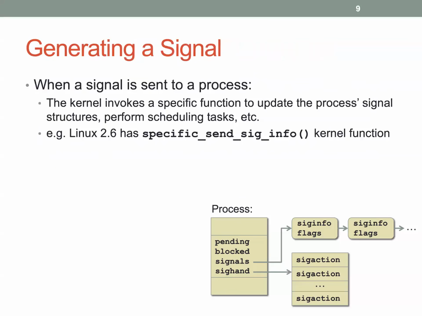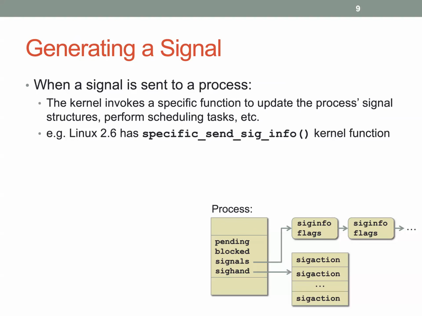So when you send the signal to a process, the kernel has, because the software developers try to follow good encapsulation and everything, a function that's called to update the data structures for the receiving process. And so in Linux 2.6, it was this function, specific send sig info. This stuff has since the Linux 2.6 kernel been refactored and updated, but this is definitely representative.